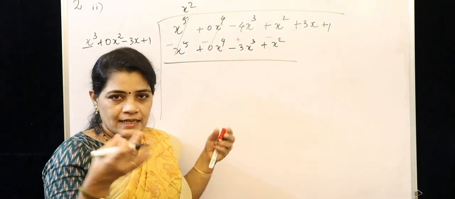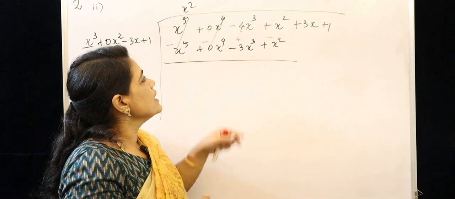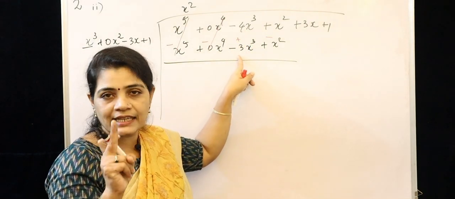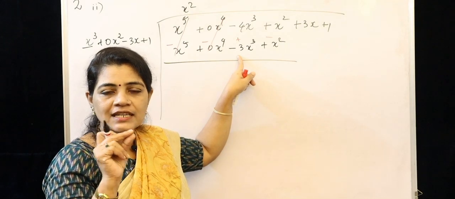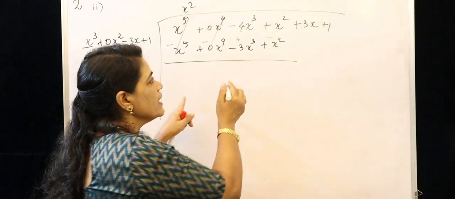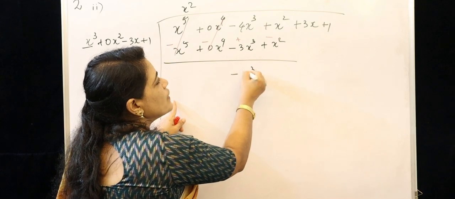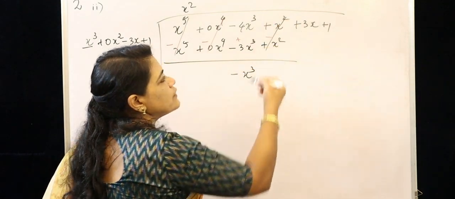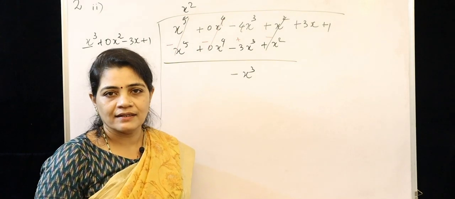So we can add the coefficients, that is negative 4 plus 3 is negative 1. If your coefficient is negative 1, we just write its sign, and x³ is the variable. Hope that idea is clear. And x² and negative x², that term also gets cancelled.